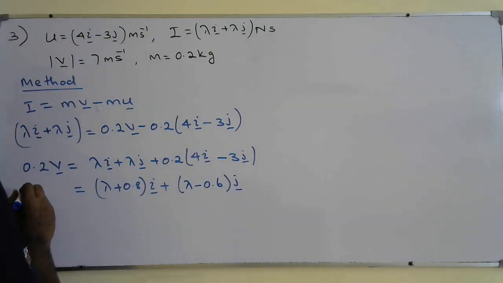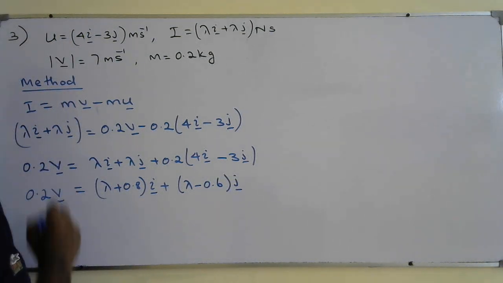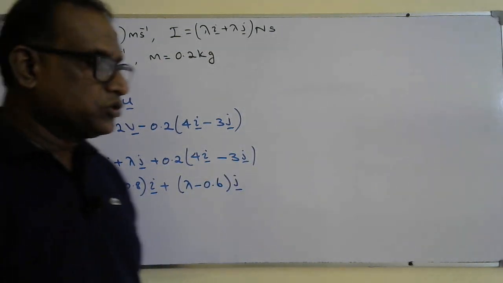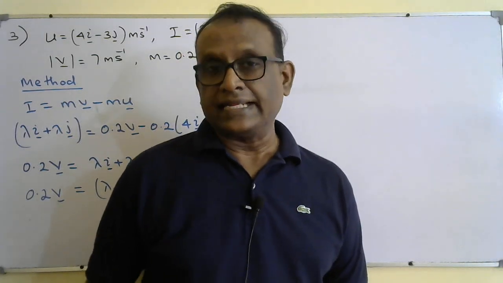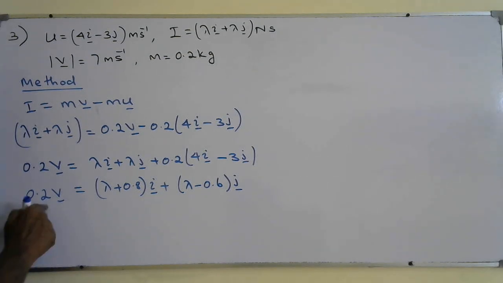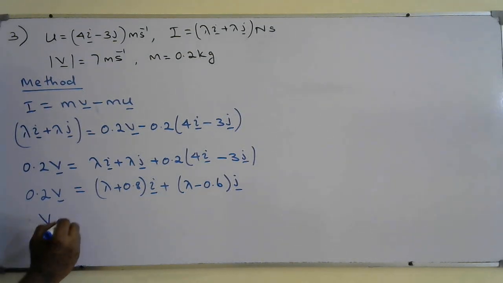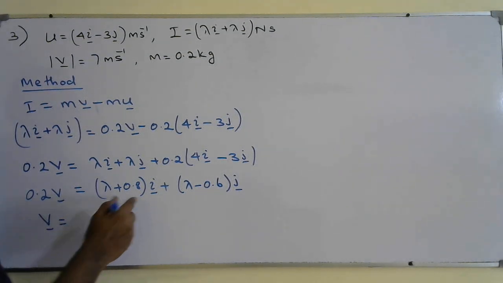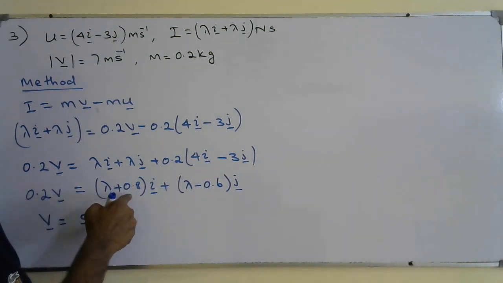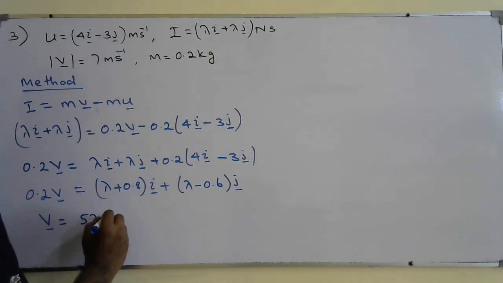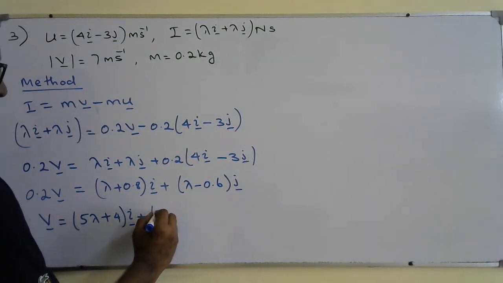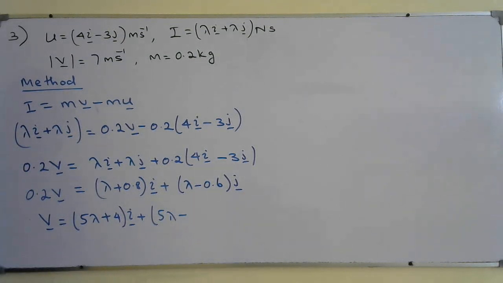This is 0.2 v. Divide the whole equation by 0.2, which means multiply the whole equation by 5. So 0.2 will vanish, and v is going to be 5 lambda plus 4, i, plus 5 lambda minus 3, j.